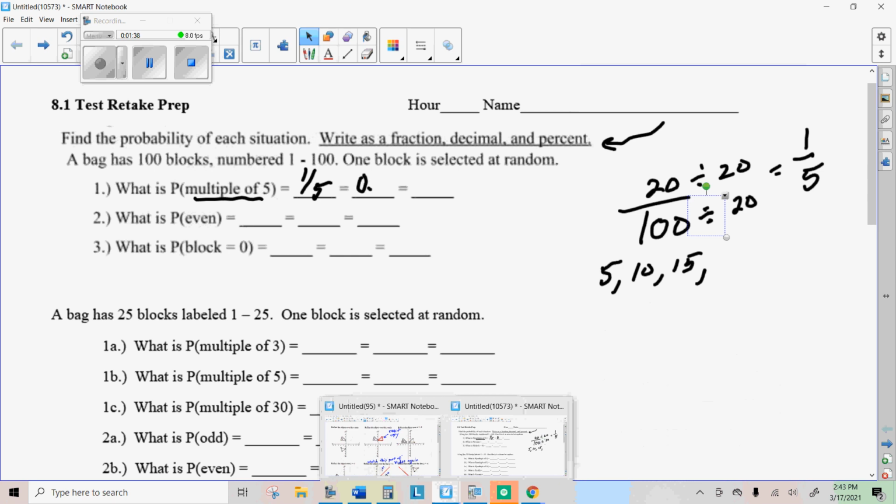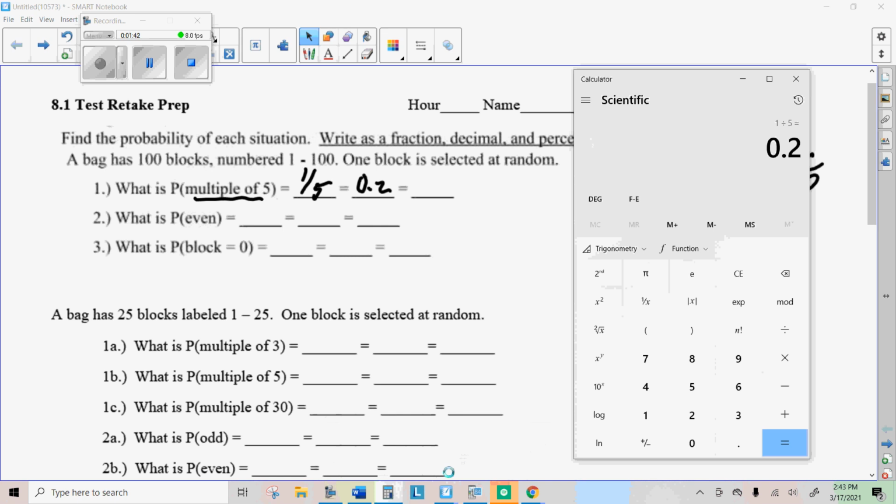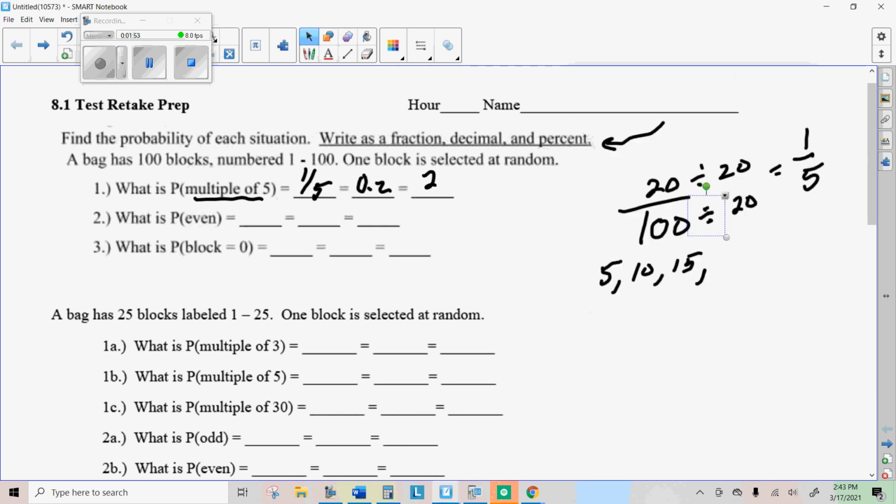And the percent would be that fraction times 100. Right? Because we want to have 100 parts when we're doing a percent, and that would be 20%.